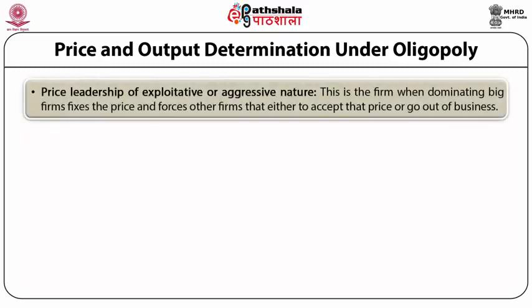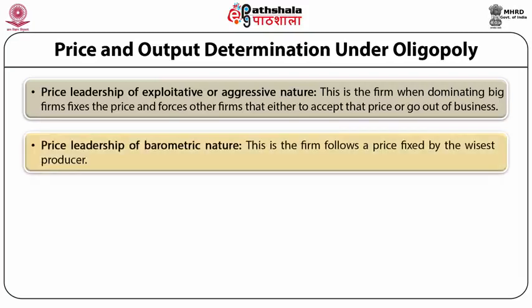Price leadership of exploitative or aggressive nature. This is when a dominating big firm fixes the price and forces other firms either to accept that price or go out of business. It is also called exploitative price leadership.